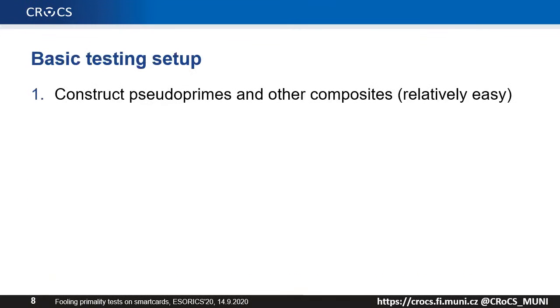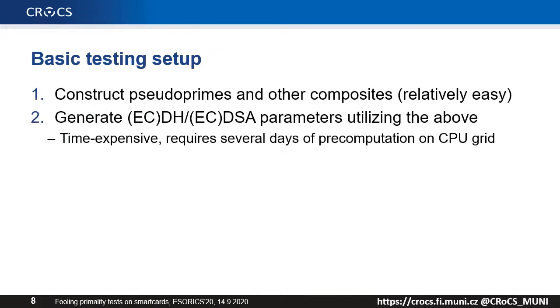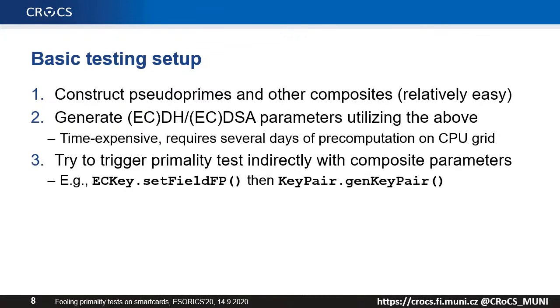What does the basic testing setup look like? We first generate the pseudoprimes and other composites. That's relatively easy. What is way more time expensive is generating the domain parameters for these cryptosystems that utilize these pseudoprimes. This took us several days of computation on a large grid of CPUs.